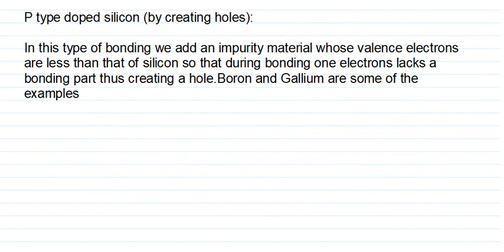Now we are going to look at a p-type doped silicon crystal. A p-type silicon crystal is different from an n-type doped silicon crystal in that the conductivity of the silicon crystal is increased by introducing holes to the atomic structure of the silicon instead of adding electrons to the atomic structure.